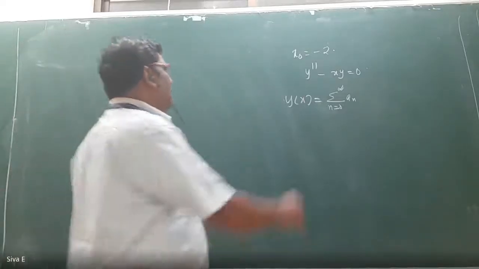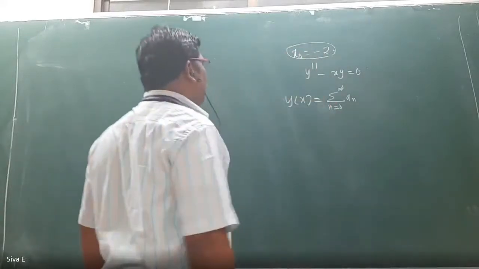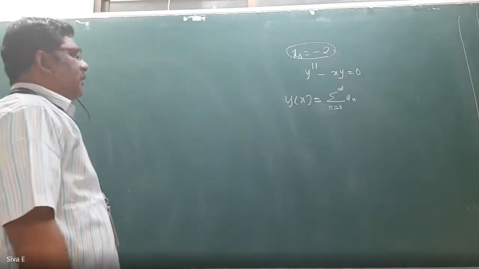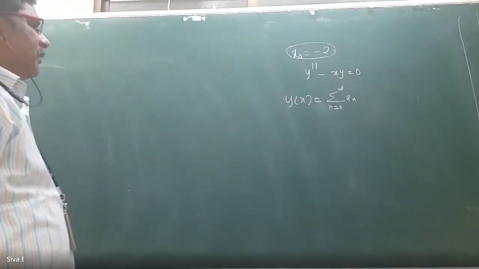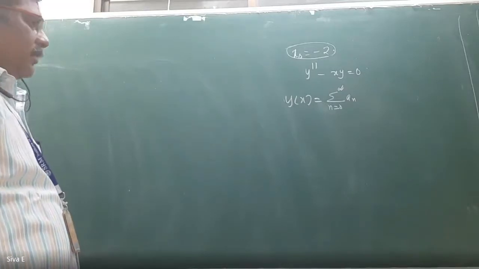Last problem, x naught is 0. Here x naught is -2. Then what is the power series? Any others?